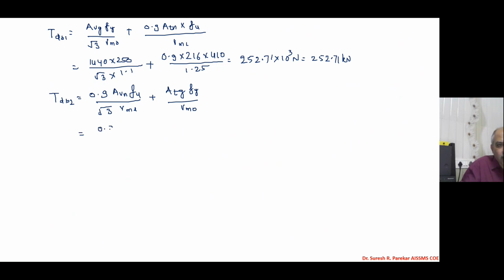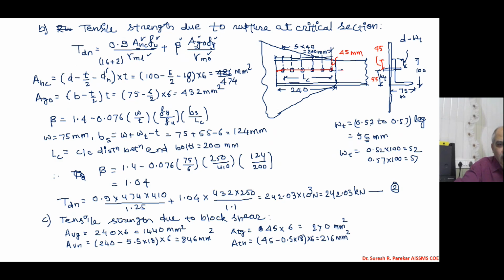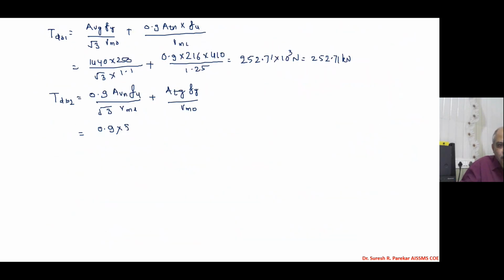So we have 0.9 into AVN, which is 846, FU is 410 divided by root 3 into 1.25, plus ATG, which is 270, FY 250 upon 1.1.